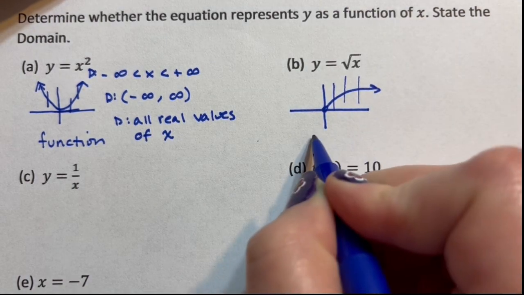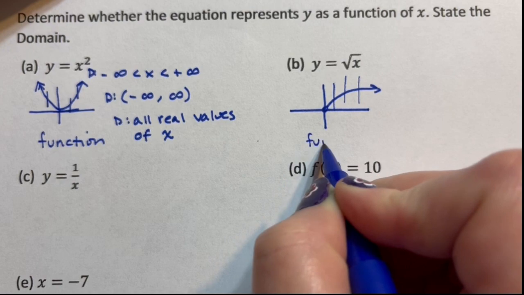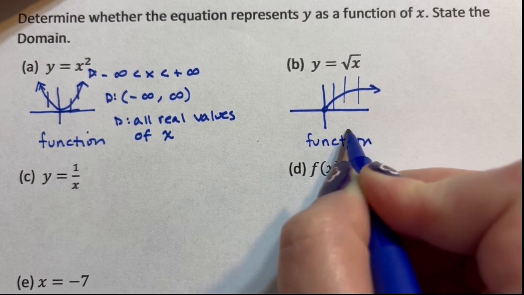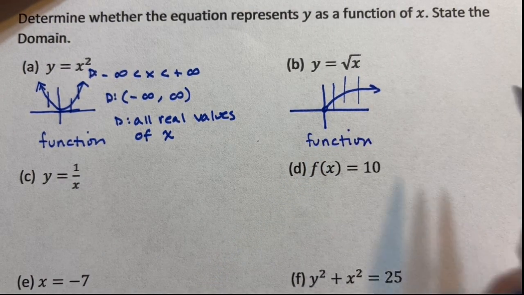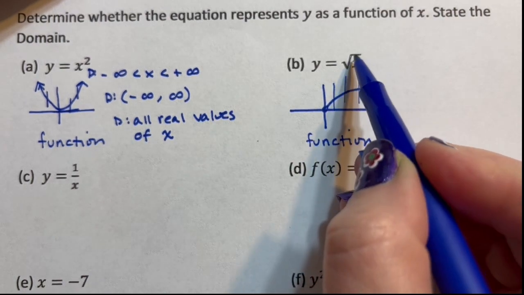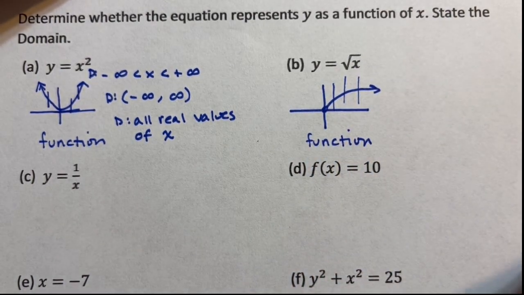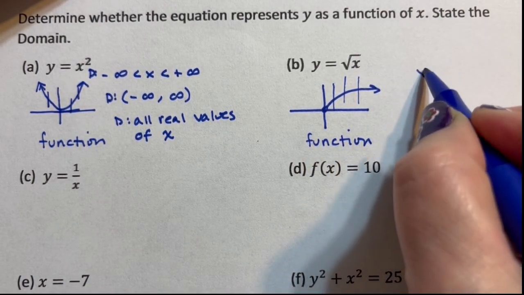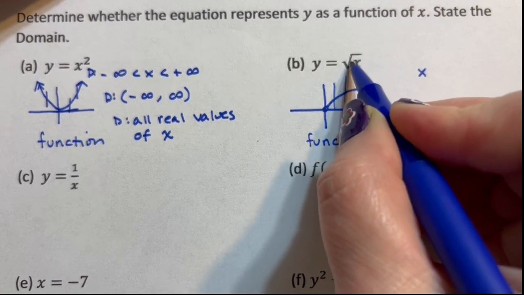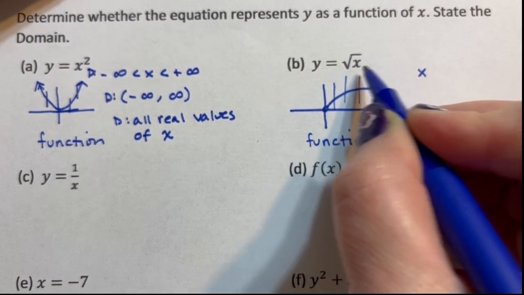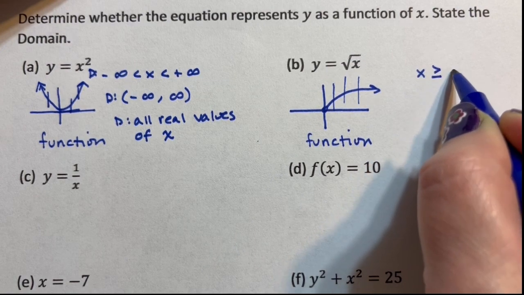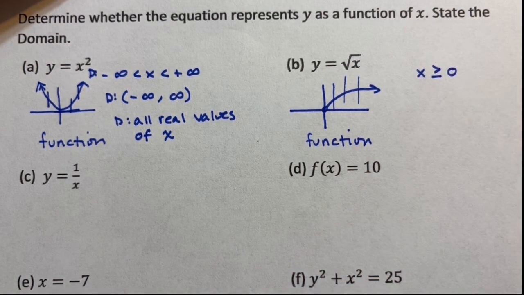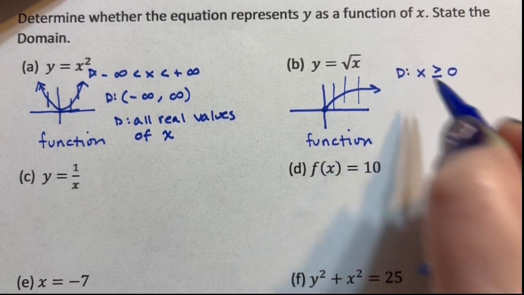Sure, it is a function. Now, as for the domain, the thing about square roots is we can't have a square root of a negative number. So x, or whatever is under the square root, has to be greater than or equal to 0. So I could write my domain like that.